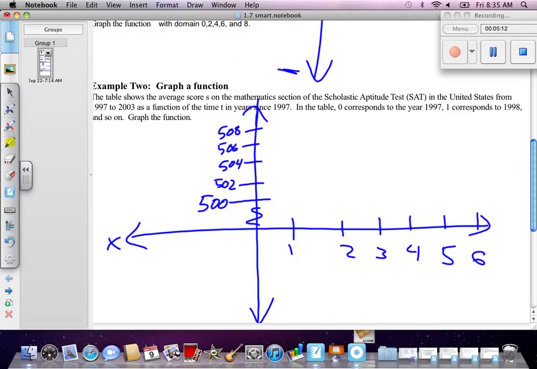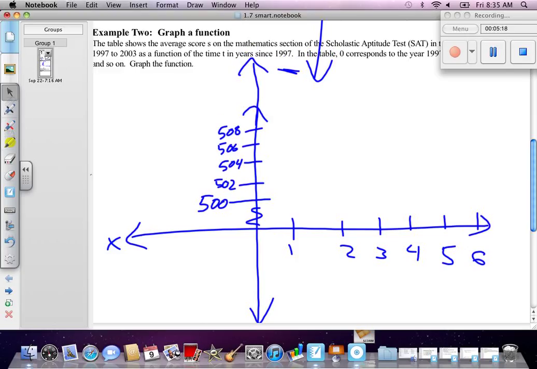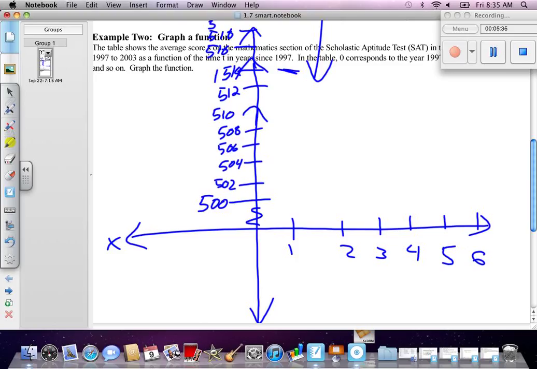Yes, you have to draw this. 510, 512, 514, 516, 518, and at the very top, 520.